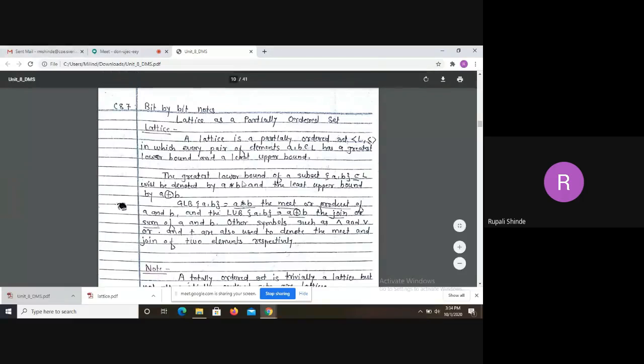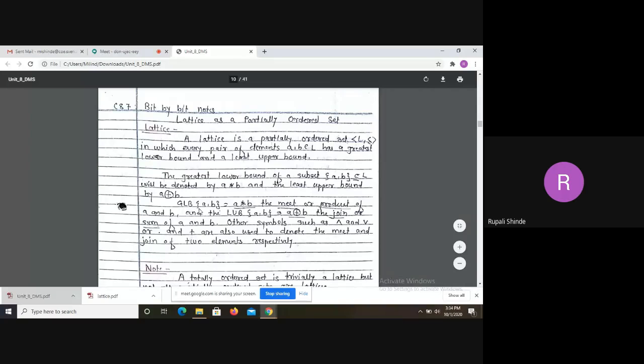Greatest lower bound of elements A and B. And least upper bound is given by A XOR B. Again, this least upper bound is represented by this symbol XOR, for two elements A and B. That's why the least upper bound of these two elements is represented as A XOR B. So here they have given that symbolic representation.